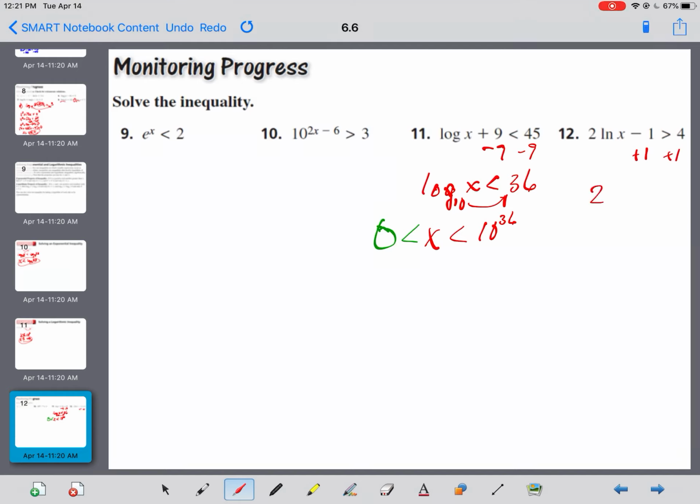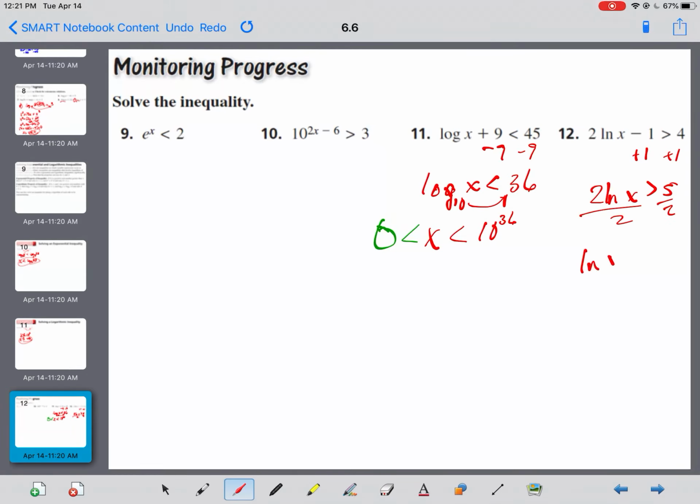So, big deal. Okay. Now, 12, I'd add the 1 to get ln of x is greater than 5. I'd divide by 2. ln of x is greater than or equal to 5 over 2. And then I'd e both sides. x is greater than or equal to e to the 5 halves.